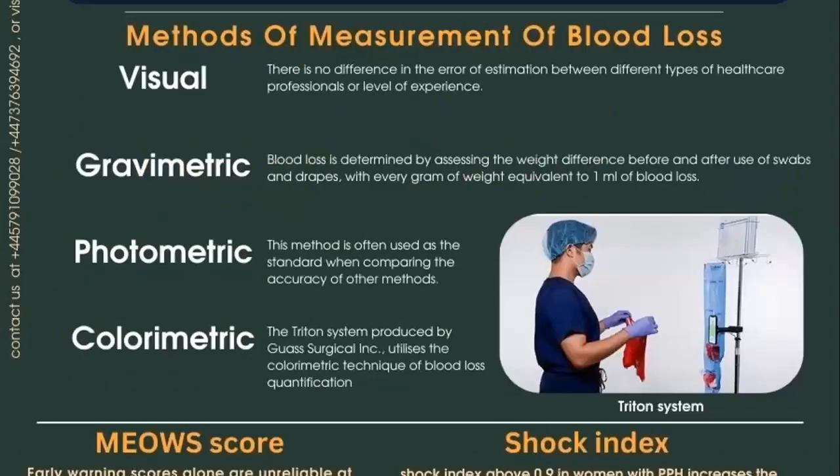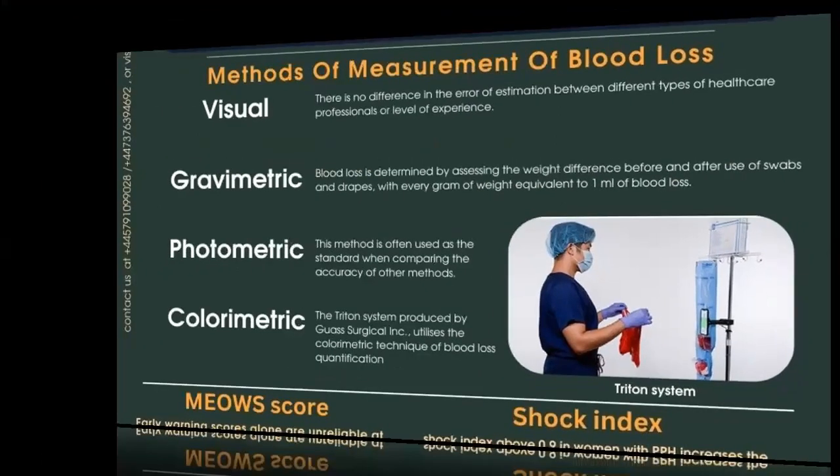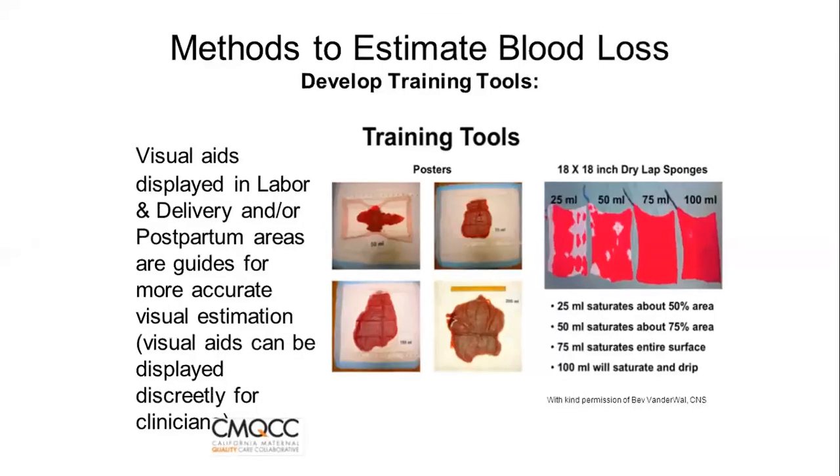That's why we are going to discuss the different methods for measurement of blood loss and see if they are effective or not. The first one is the visual method, and the visual method is the most common one. Everyone knows it because it simply depends on your naked eye. You are going to see how much the patient has lost and estimate it approximately.